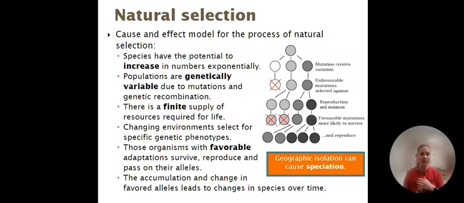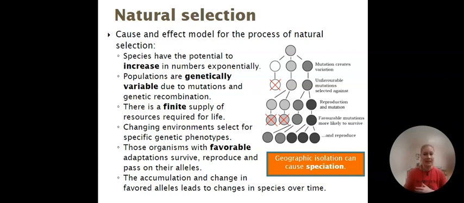And it is because of that variation that nature will favor whichever trait is best suited for that environment, and that is the organism that survives, reproduces, and passes that favorable trait on to the next generation. Then we would see that in the next generation there are more individuals with that favorable trait. So this accumulation and change in the genes over time leads to evolution.